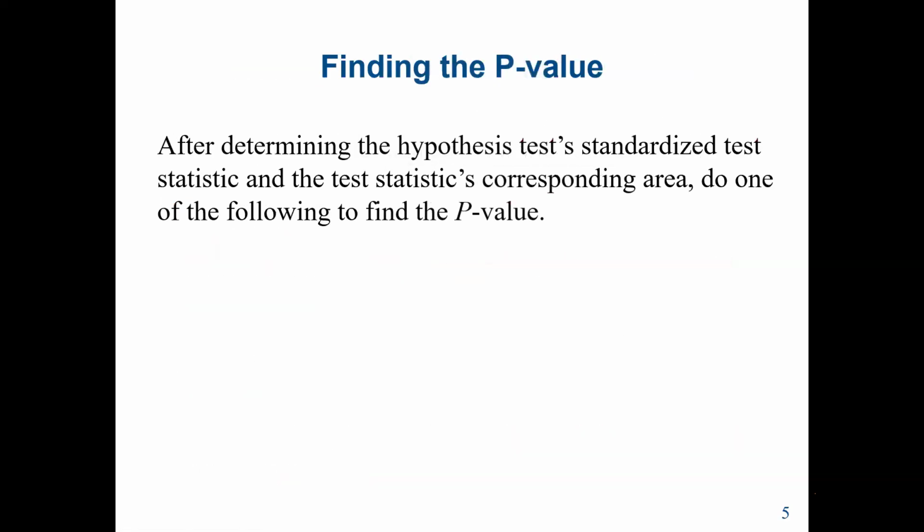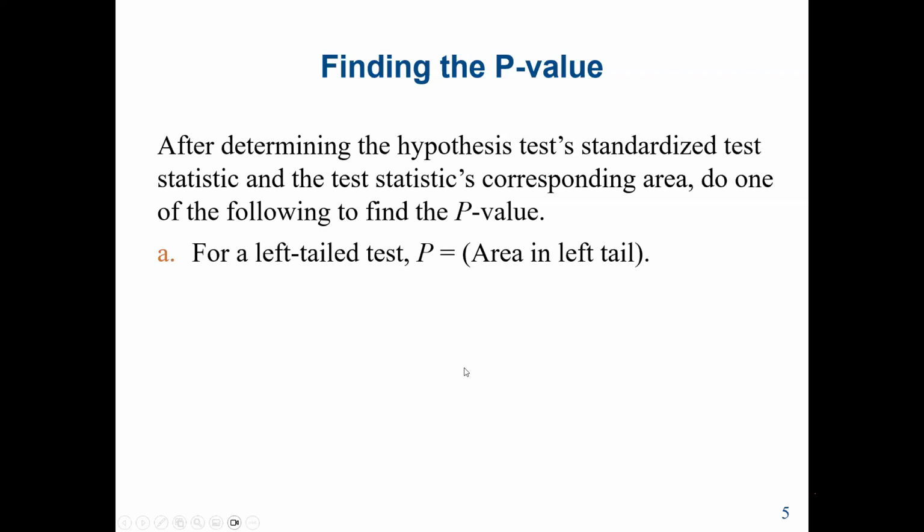Now, how do we find the p-value? Yes, we can use our table. Most statistics textbooks come with tables, for example the t-distribution table, the chi-square table, so many of them, and also the standard normal curve table, which is the one I'll use. After determining the standardized test statistic and the corresponding area, we can do one of the following to find the p-value.